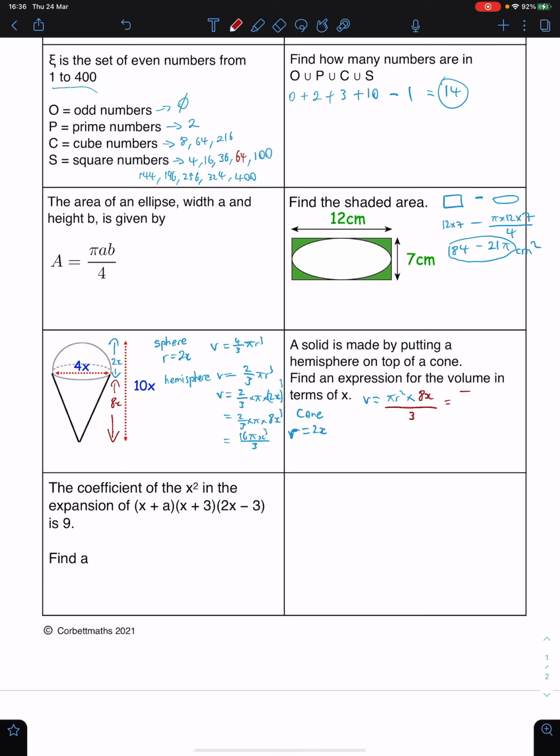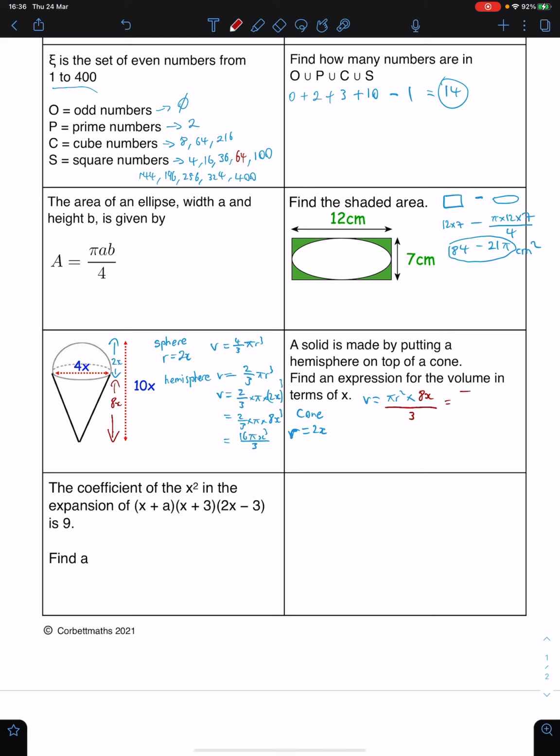And that is going to be 16 pi x cubed over 3 plus 32 pi x cubed over 3. And that's going to be 48 pi x cubed over 3. That's our final answer.